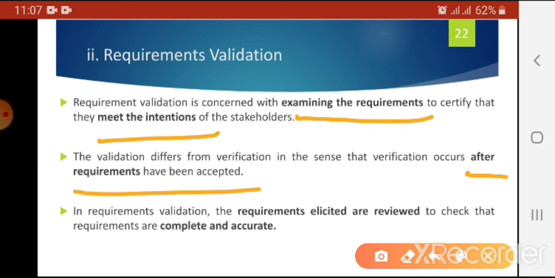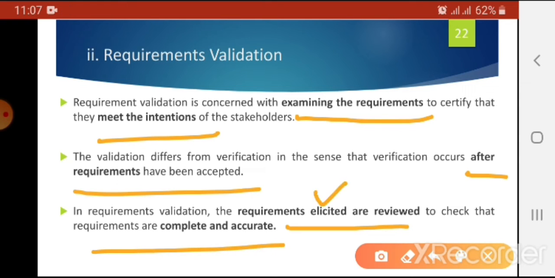It means that after the requirements come, after verifying the requirements, we will go through this phase. In requirement validation, requirements elicited are reviewed to check that requirements are complete and accurate.